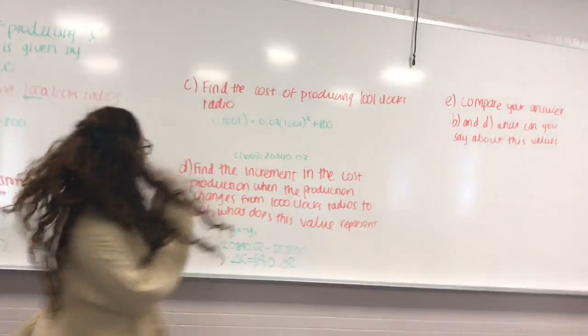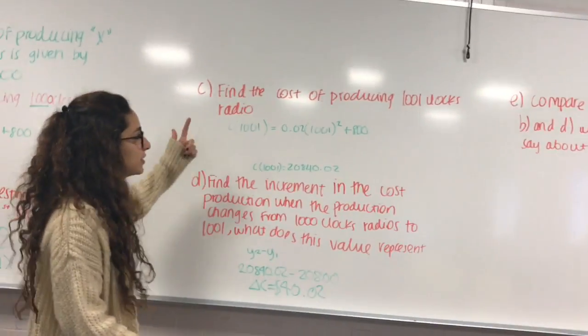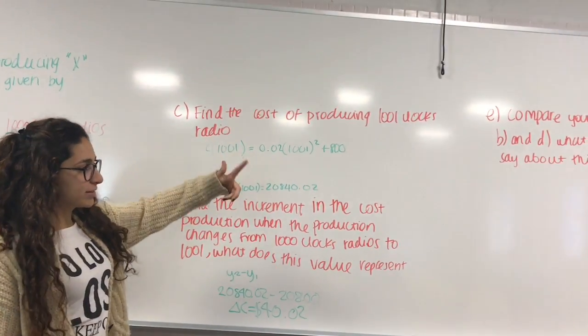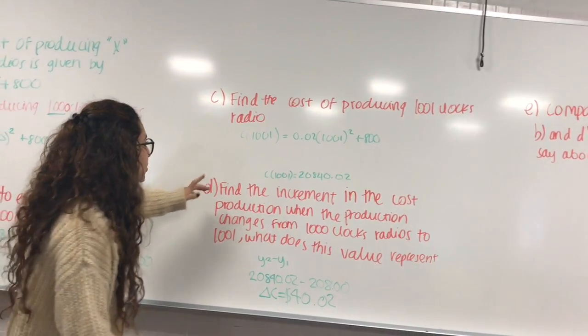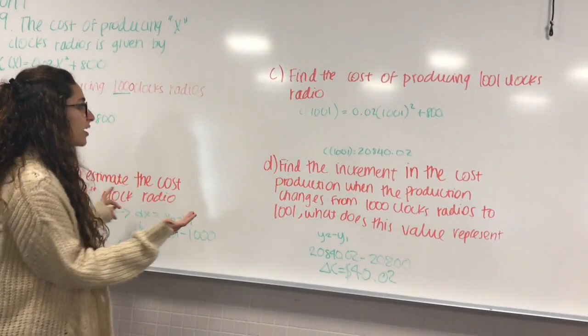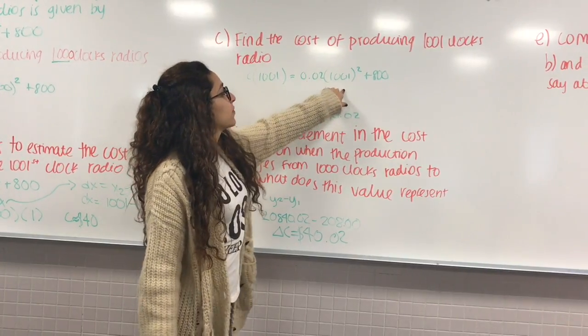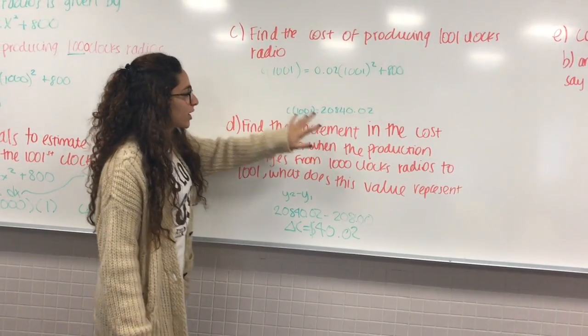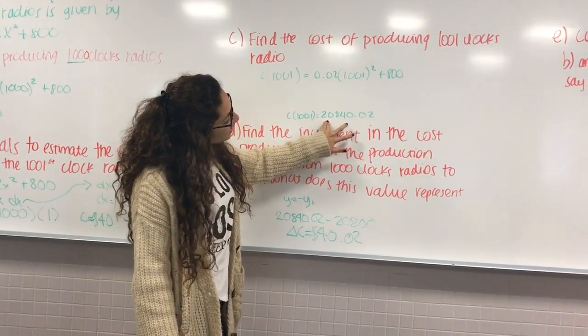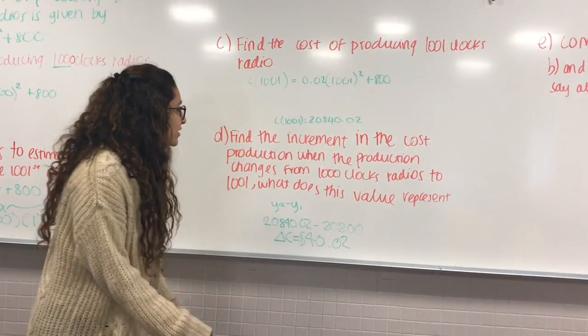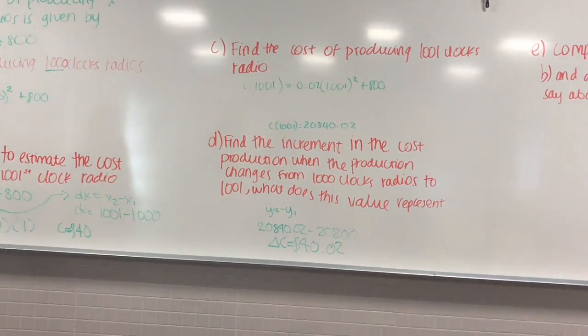So the next problem is to find the cost of producing 1,001 clocks. We basically do the same thing. We grabbed the original equation and plugged in 1,001, and we got 2,840.02.